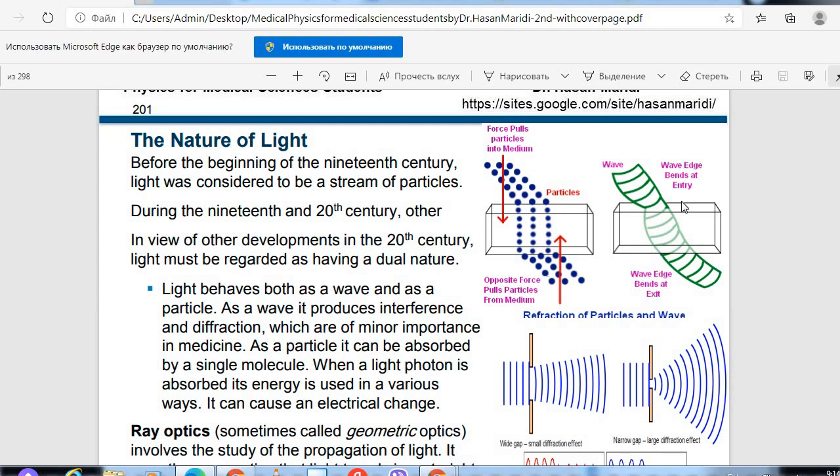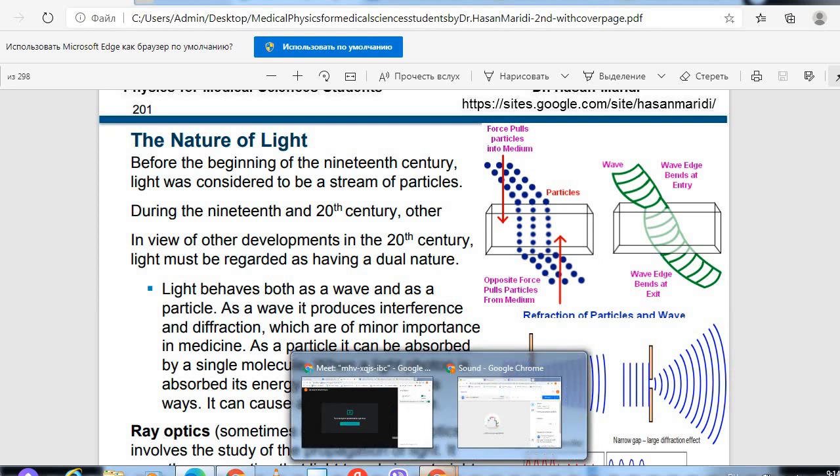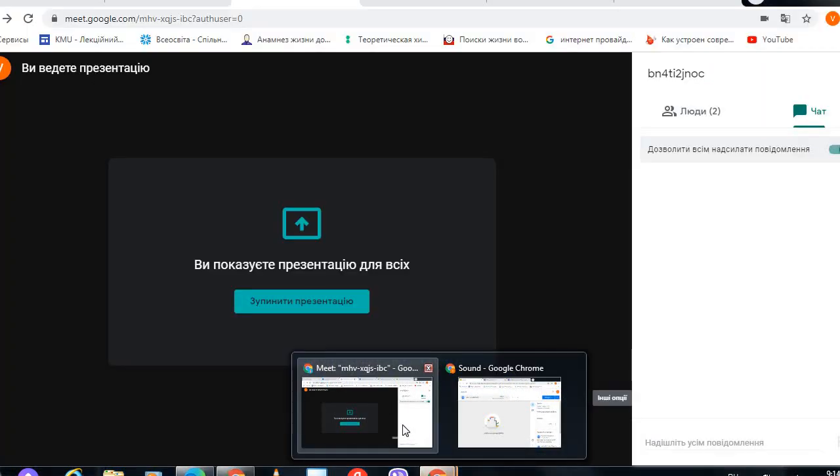During the 19th and 20th centuries, the other point of view became widely accepted, and in view of the developments in the 20th century, light must be regarded as having a dual nature.